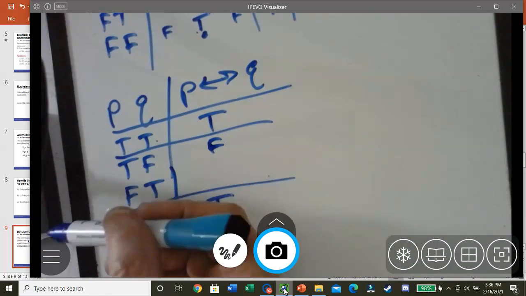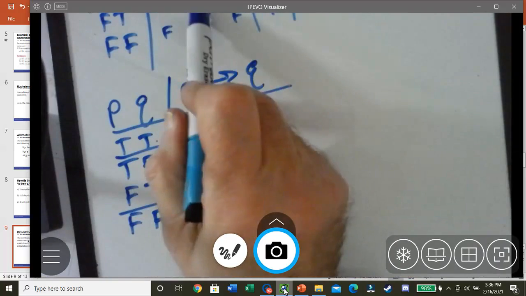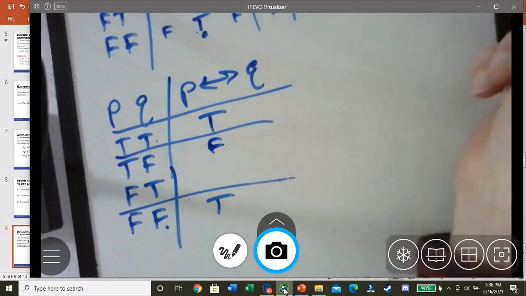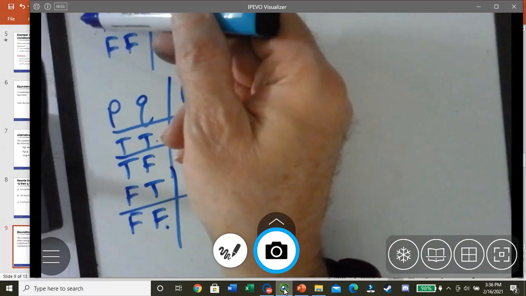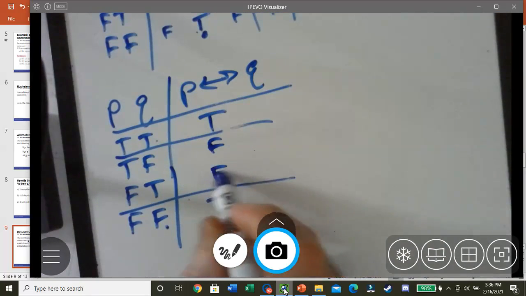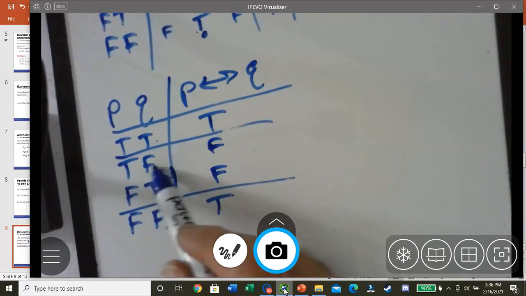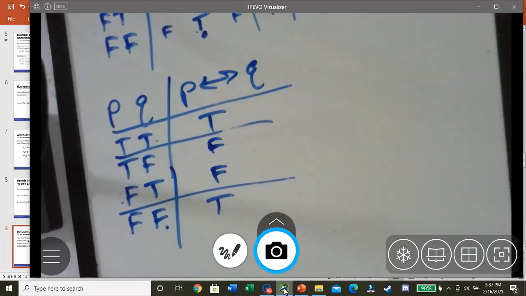So if there's a true-false or false-true for a biconditional statement, it's false.